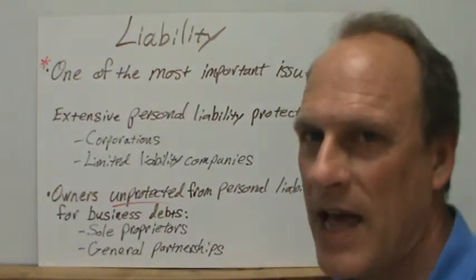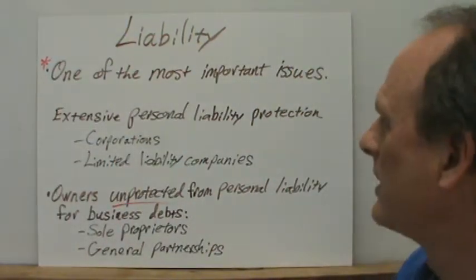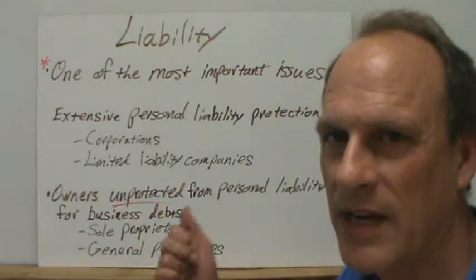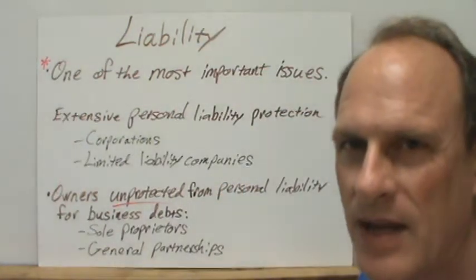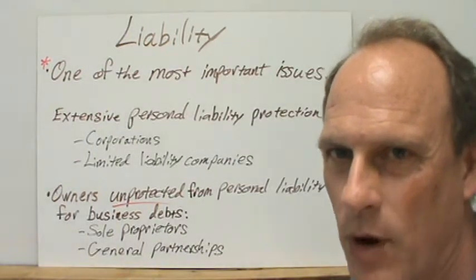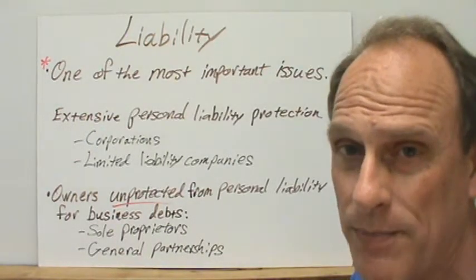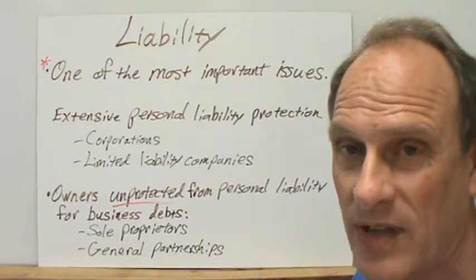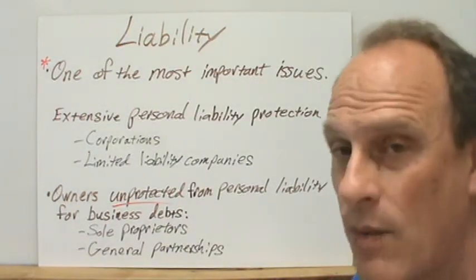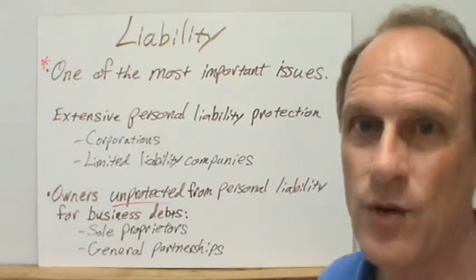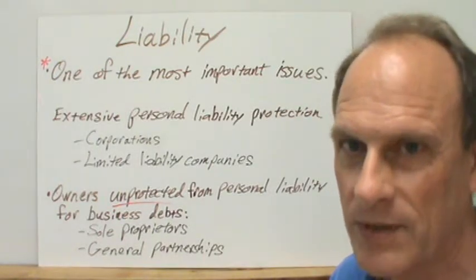And finally, we have liability. Liability is one of the most important issues that is out there when we try to decide what my business form is going to be, because I don't want to be personally sued over obligations and debts that are incurred in the business. I want the business to be responsible. I don't want myself to be responsible, okay?